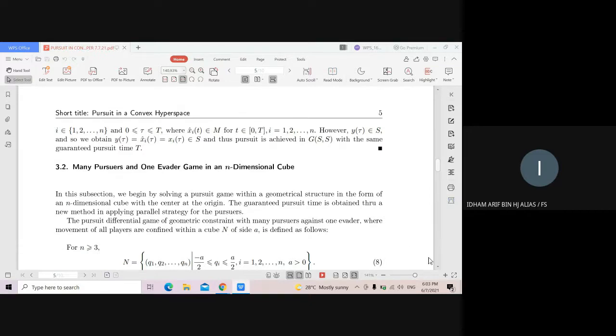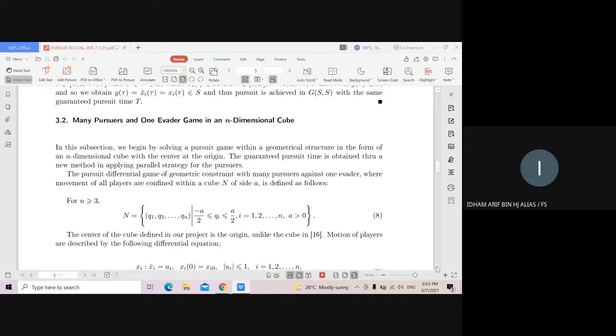And this cube is given by equation number 8, and is a little bit different from the cube in the work of 2015, where the center of our cube now is the origin, but the center of the cube in the work of 2015 is not the origin.